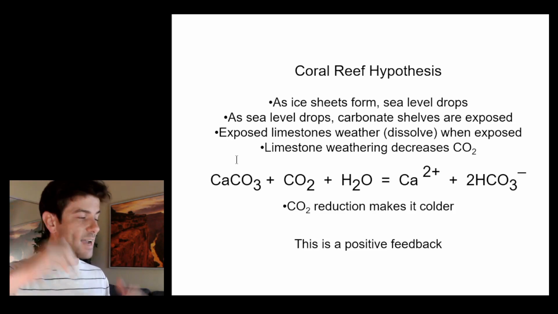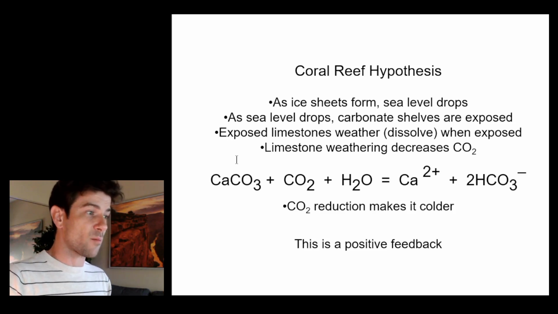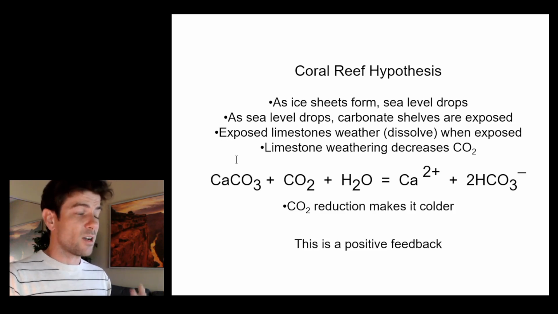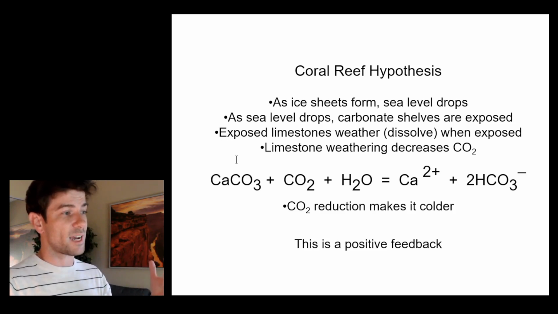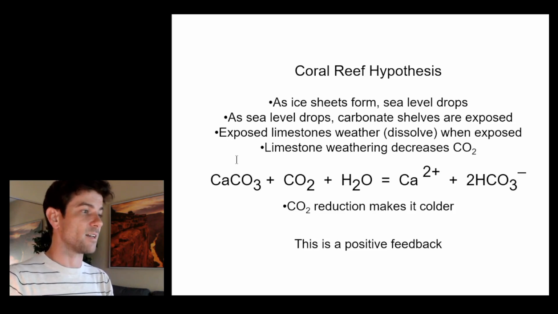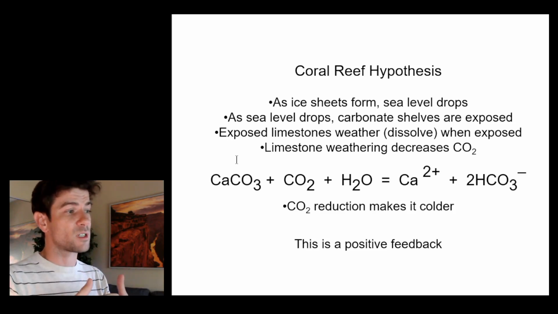And so you have these vast stretches of very shallow platform that are made up of carbonate. Okay, and just like we have silicate weathering that takes CO2, turns into carbonic acid, reacts with silicates, delivers cations and bicarbonate to the ocean, where the calcium or the other cation can combine with bicarbonate to form limestone.